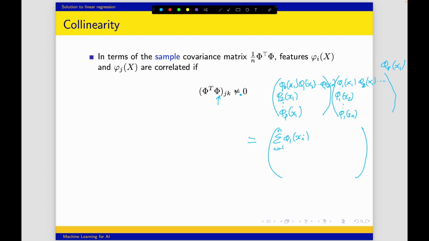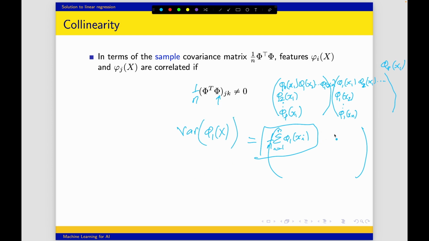If I put a 1 over n here, this is a sample variance. If I put n minus 1, it's unbiased, but if I put n, it's a biased sample variance of psi 1, the random vector, psi 1 of x. So this is a sample estimate of the variance of this.